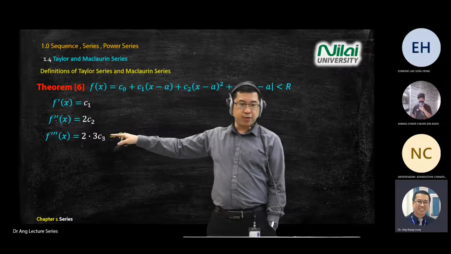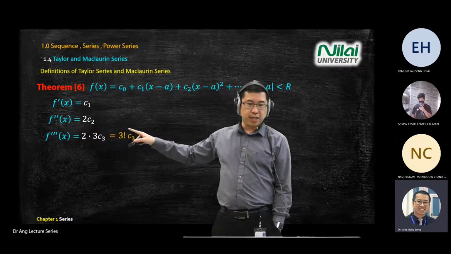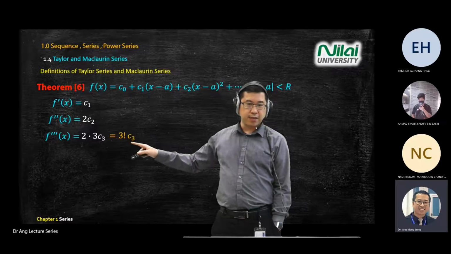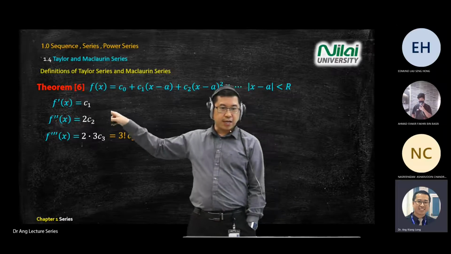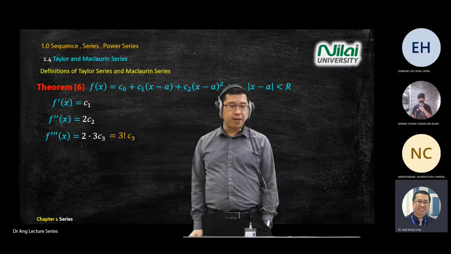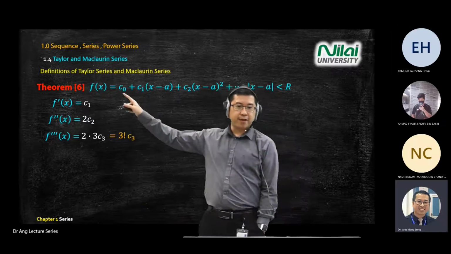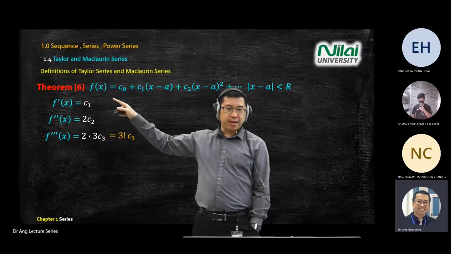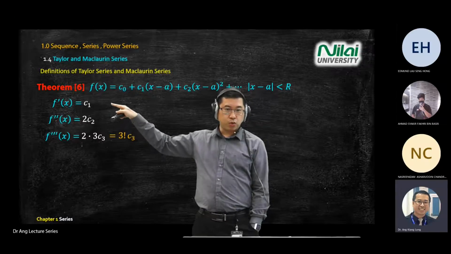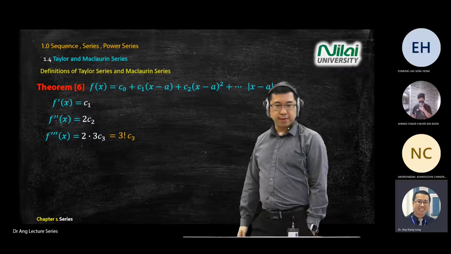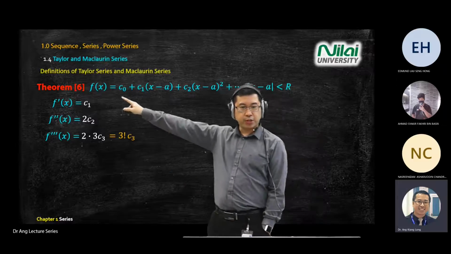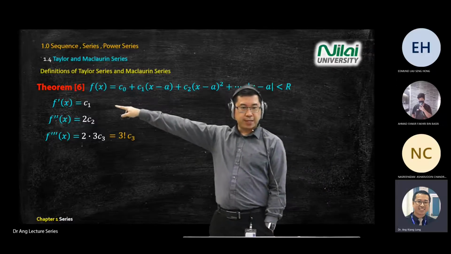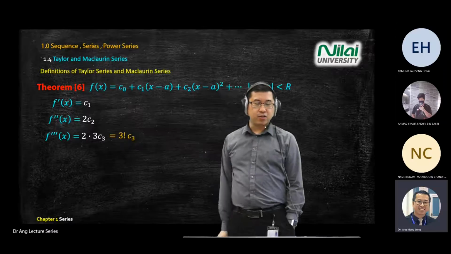Differentiate 3 times, you get 2 times 3, or 3 factorial, C3. Can you write the pattern that you see over here in f power n, the number of differentiations, to the answer? Can you try to guess the form of the equation from the second line, third line, and fourth line into a general equation?